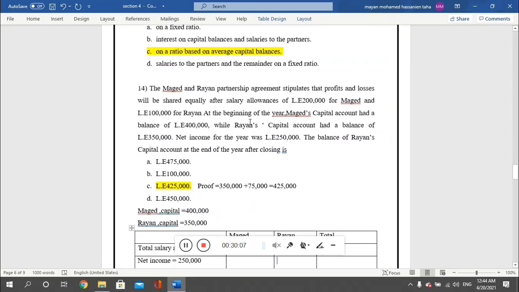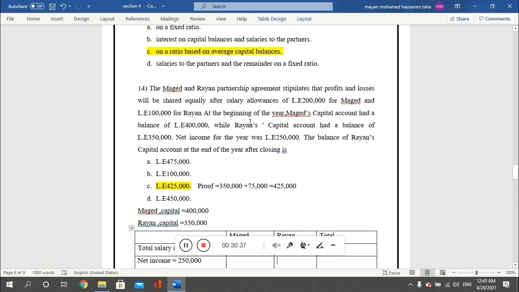Number 14, the Magid and Ryan partnership agreement stipulates that profits and losses will be shared equally after a salary allowance of 200,000 livre Egyptian for Magid and 100,000 livre Egyptian for Ryan.